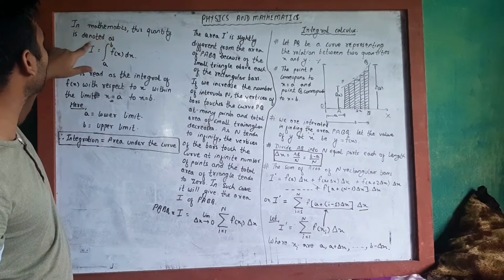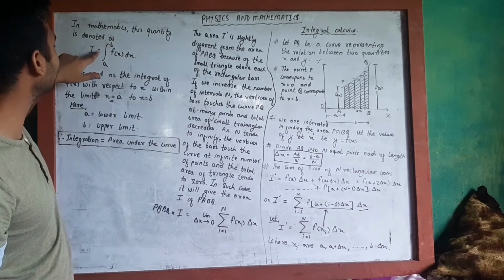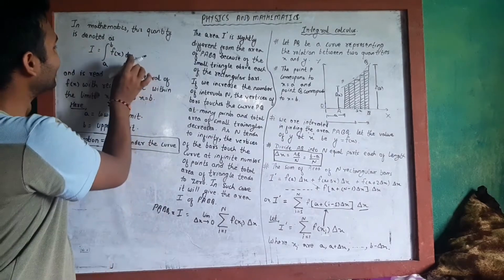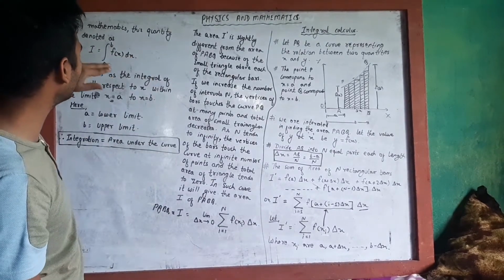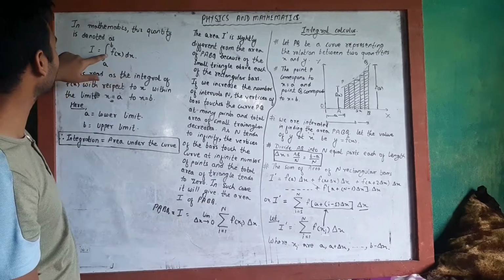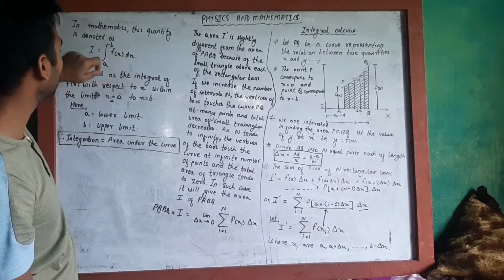In mathematics, this quantity is denoted as I is equal to integral of f(x) dx. Here dx is the small element, or the infinitesimal change in x, and f(x) is the function.